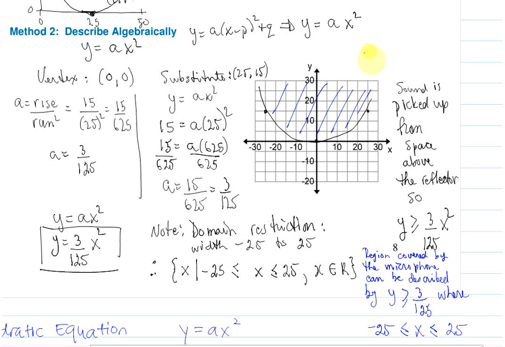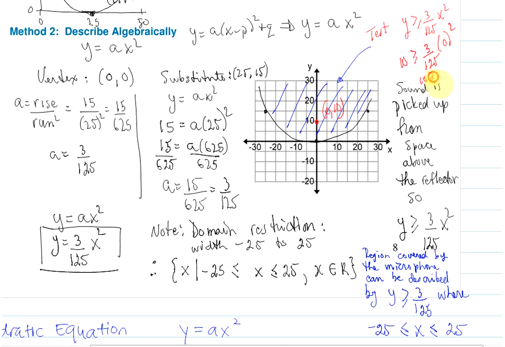Now we can also test our region here. We can do a test point, and why don't I pick (0, 10)? We're using y is greater than or equal to 3 over 125 x squared. So y is 10, is greater than or equal to 3 over 125 times 0 squared.